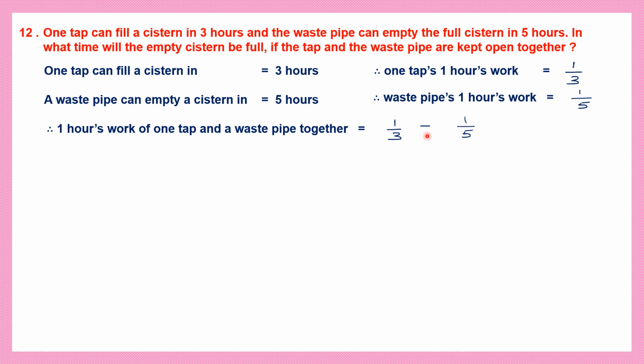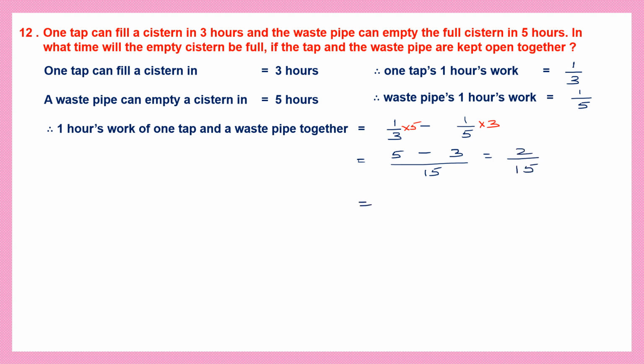Now let's find the LCM, which is 15. 1 into 5 is 5, minus 1 into 3 is 3. So 5 minus 3 is 2 by 15.